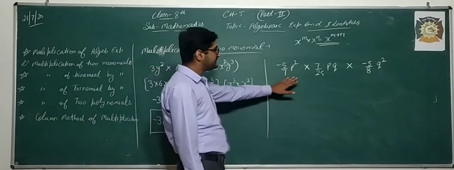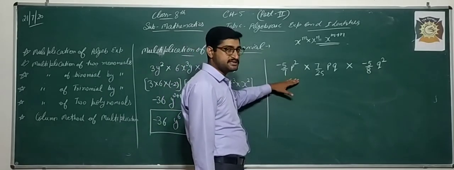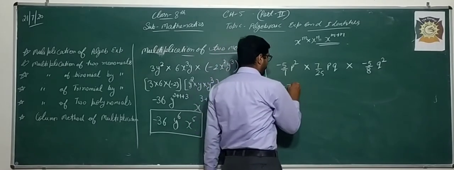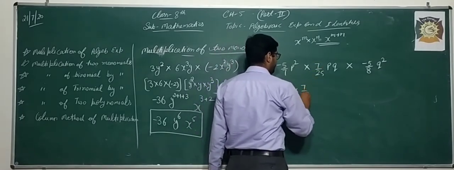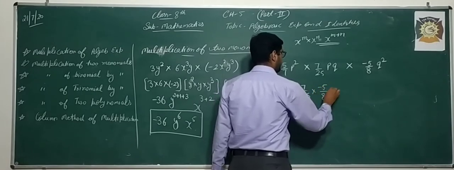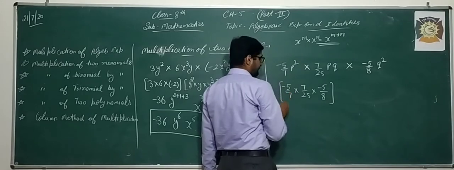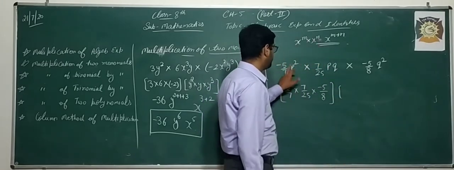Now one more example is there, you can see. Now we will apply the same rule. First of all, minus 5 by 7 into 7 by 25 into minus 5 by 8. This is in the first bracket. After that, in the second bracket, let's take the value of p.